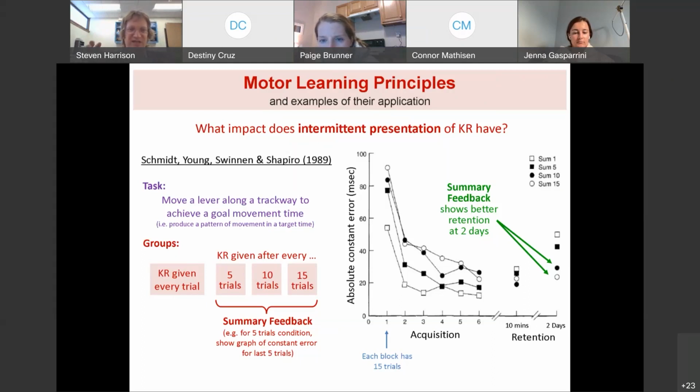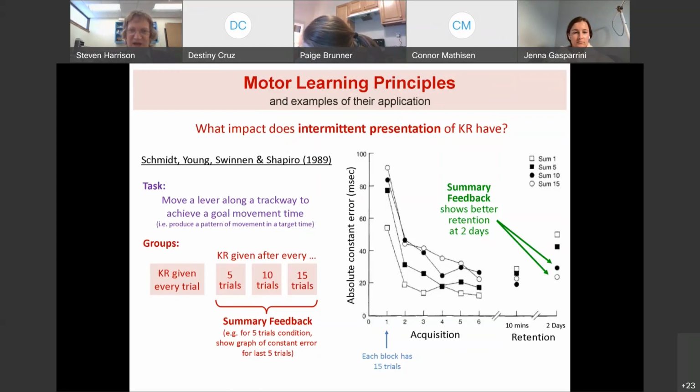So we're actually providing the least amount of feedback in terms of the number of times we're giving feedback for these particular groups, but these groups' ability to retain what they've learned ends up being significantly improved.